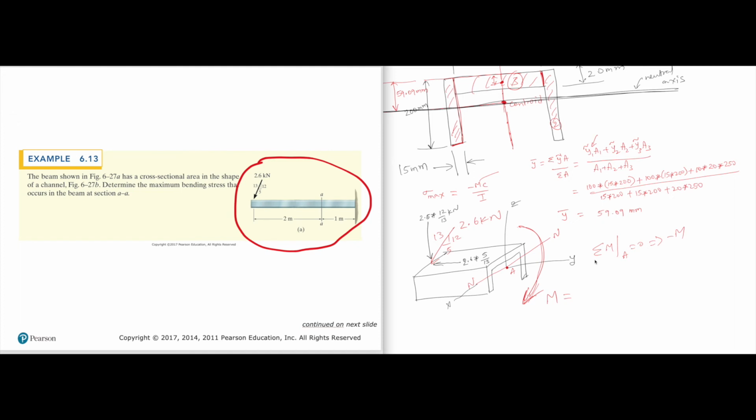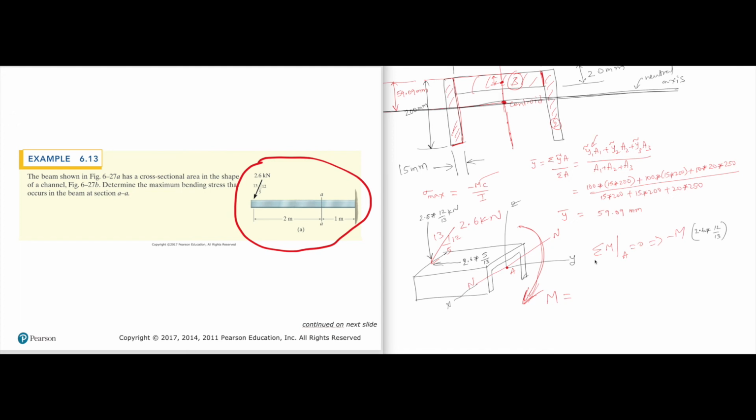So by looking at it, tell me the moment due to the 2.6 kilonewtons. The 2.6 kilonewtons in the y component is, along this negative z, I'm sorry, 2.6 times 12 over 13.